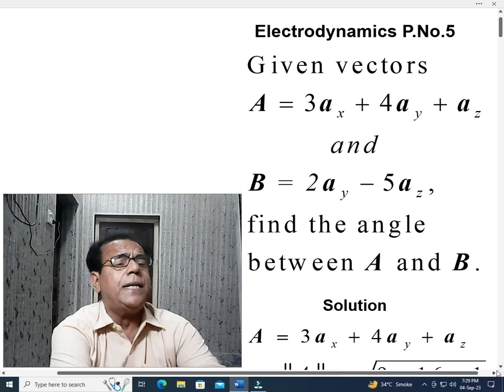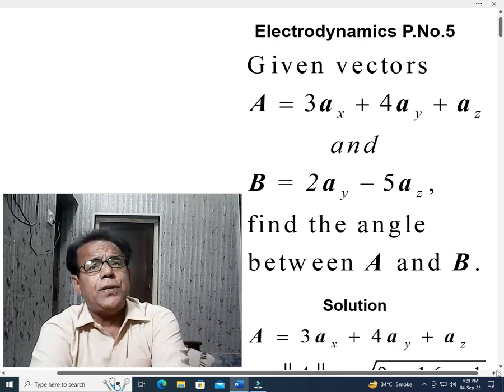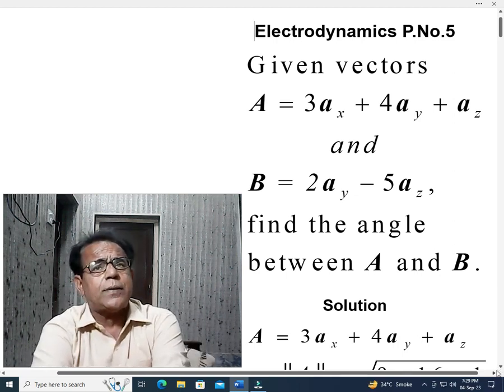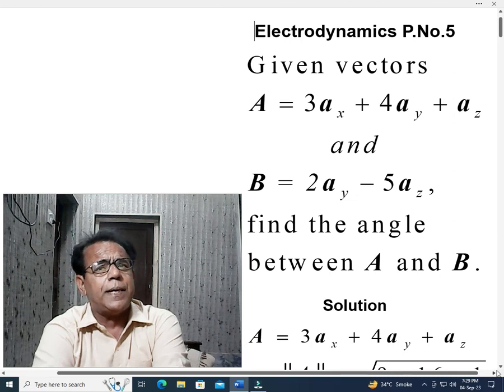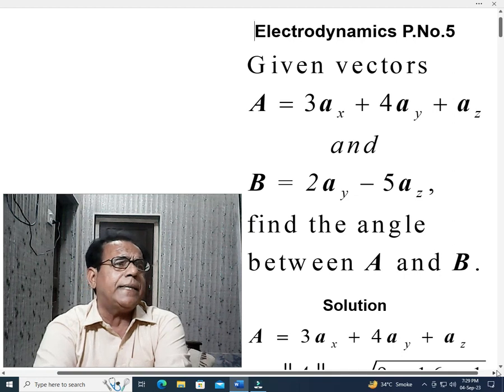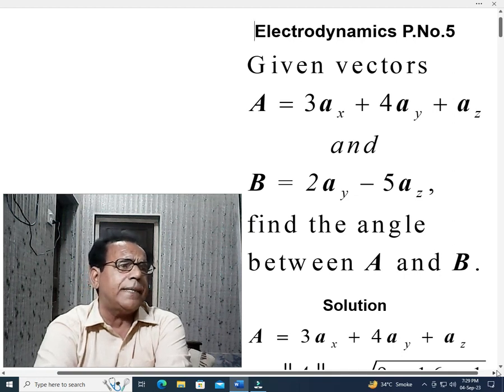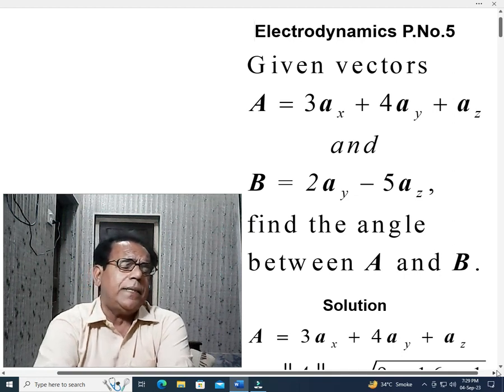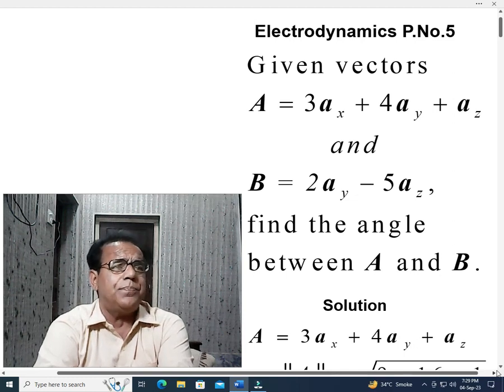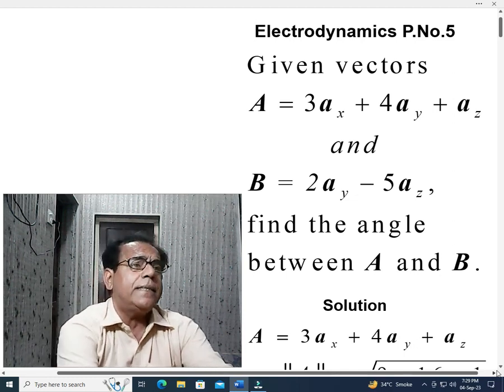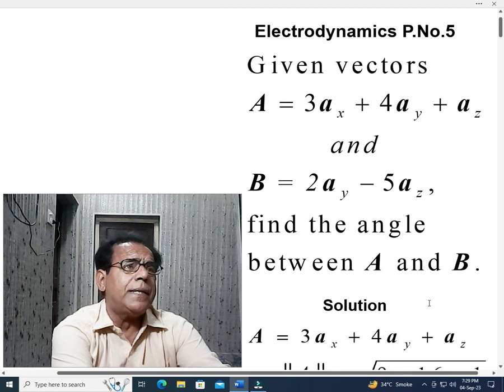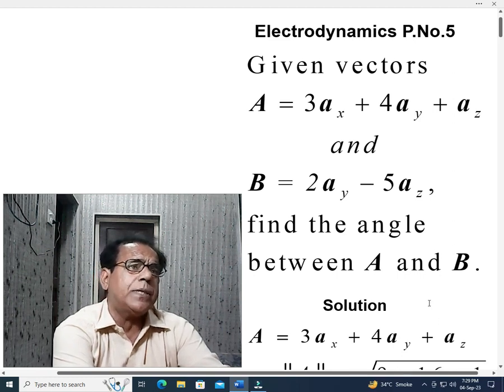Dear students, we deal with the angle between two vectors not only in electrodynamics but also in mathematical methods, in physics and classical mechanics, and also to some extent in electronics. But it is not our mistake. These topics are included in all these books, and these are part of our curriculum.